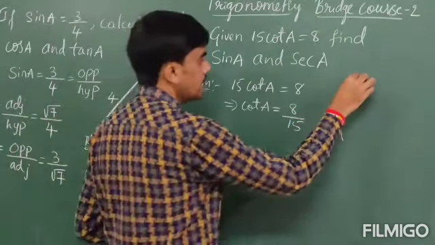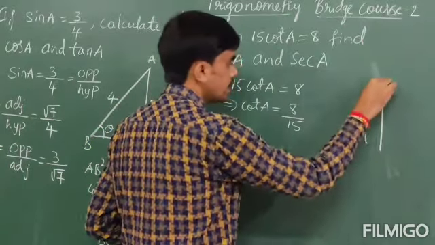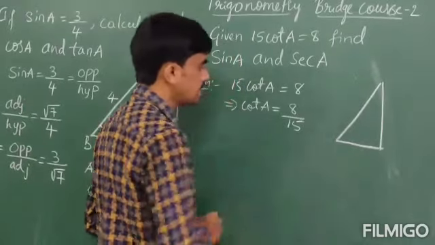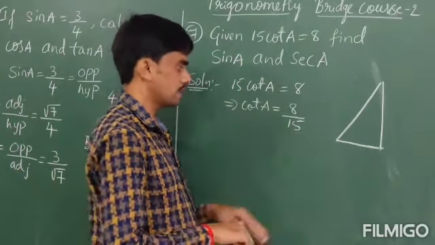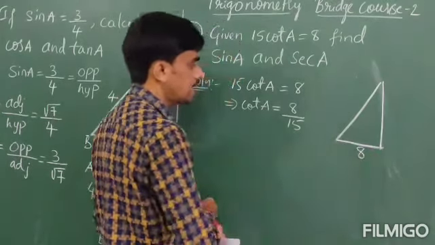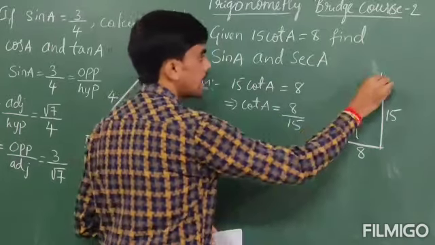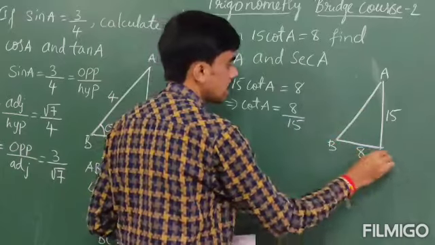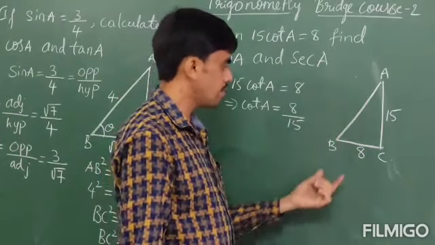So again, by the right angle triangle, we know that cot A is adjacent by opposite. This is the adjacent side, this is the opposite side. So in triangle ABC, we have to find the value of AB.